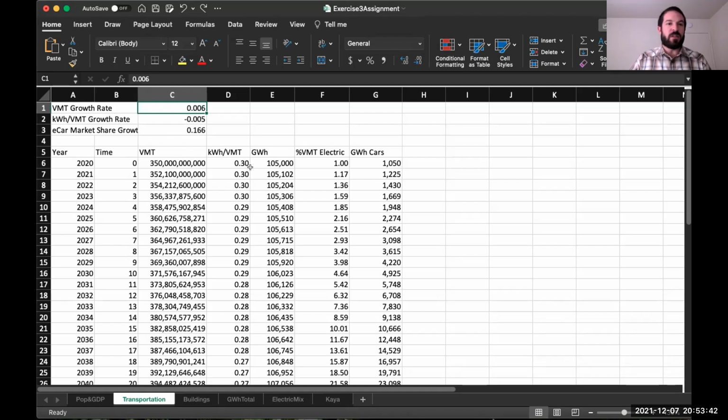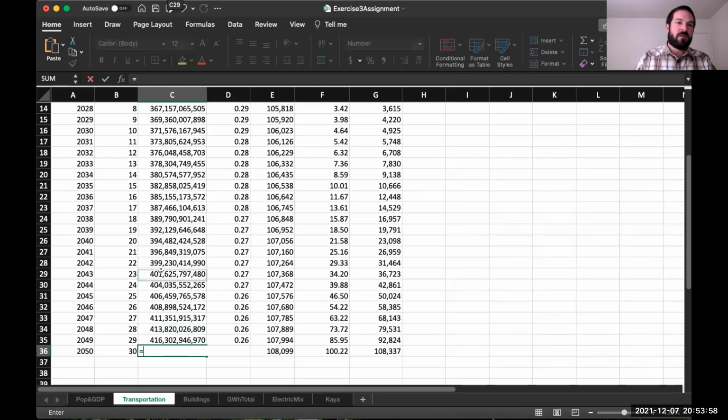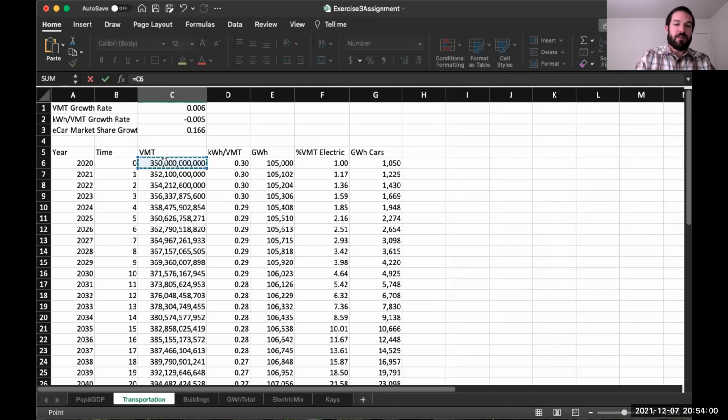How do I get to 50%? What's the CAGR needed to reduce 350 billion down to, you know, 175 billion? You don't even worry about that. Just come down here, go equals that cell times 0.5.